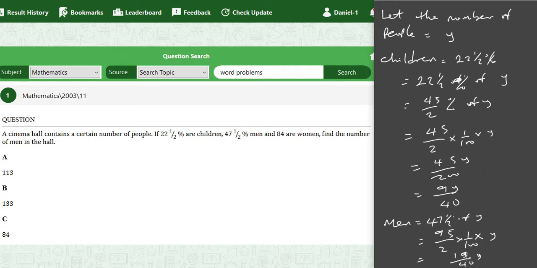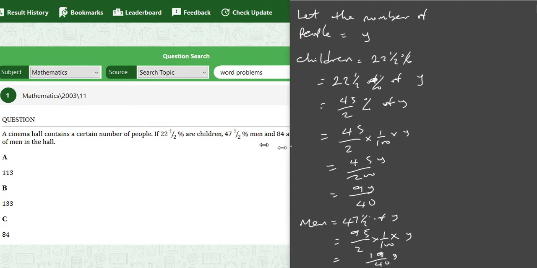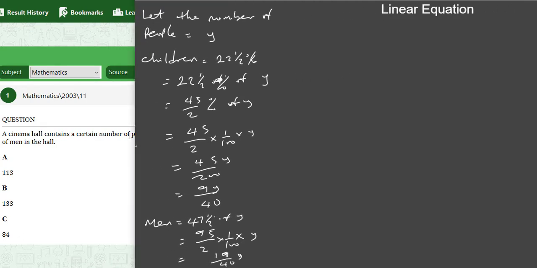Now for the women, we know the exact number, that's 84. So the question now is, we should look for the number of men. So let's just break this down. We know that the children plus the men plus the women must give you the total number of people in the hall, which is y.